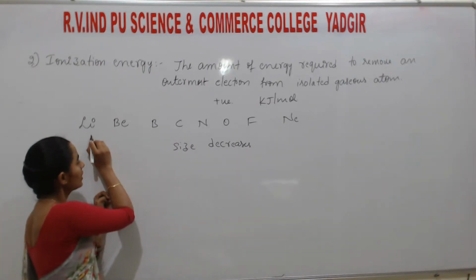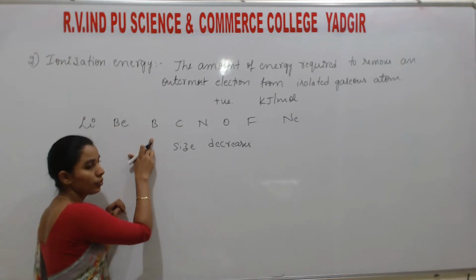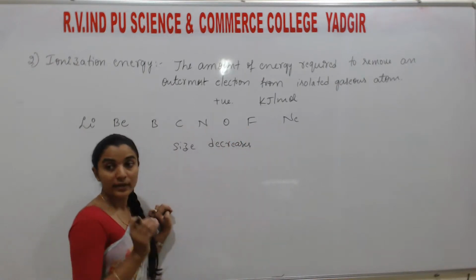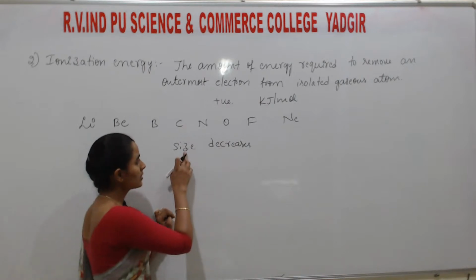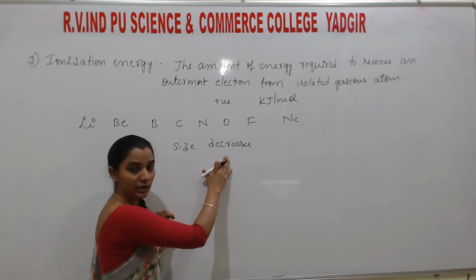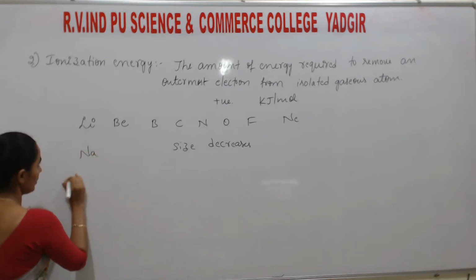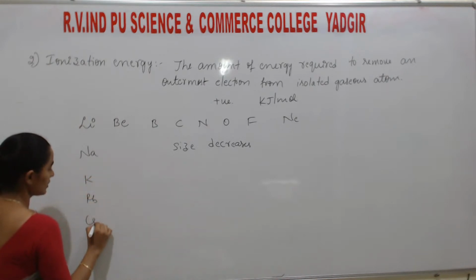That means here 2s1, 2s2, 2p1, 2p2, 2p3, 2p4, 2p5, 2p6. The electrons enter into the same subshell. That means size decreases. Okay. Next, consider lithium, sodium, potassium, rubidium, cesium.